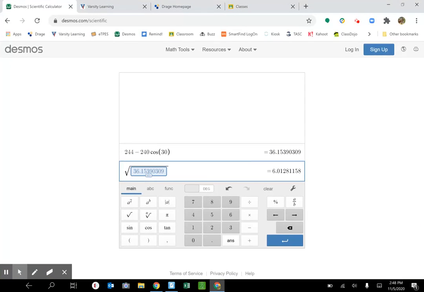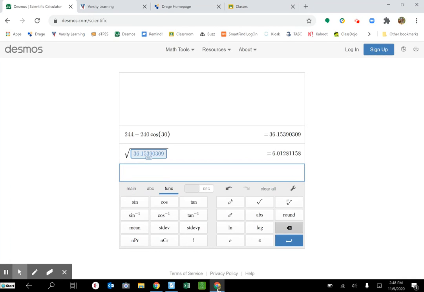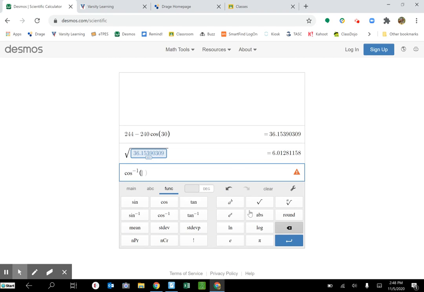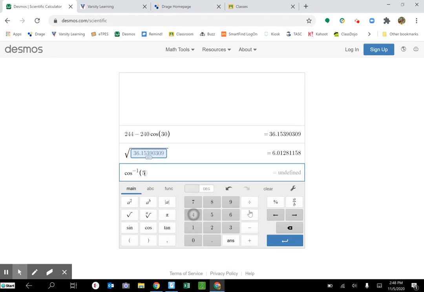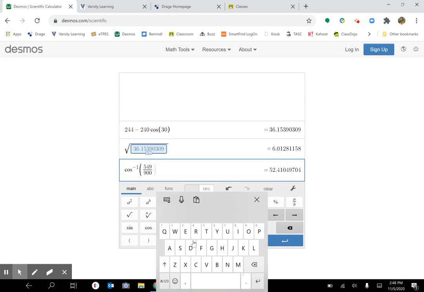Okay, we'll hit enter, and we're going to go inverse cosine, and we're going to go 549 divided by 900, and it's 52.41 degrees.